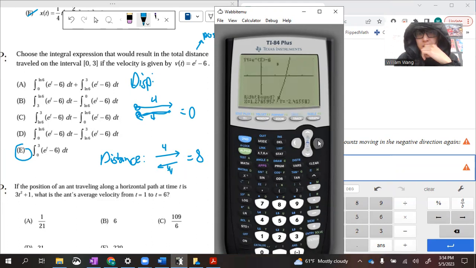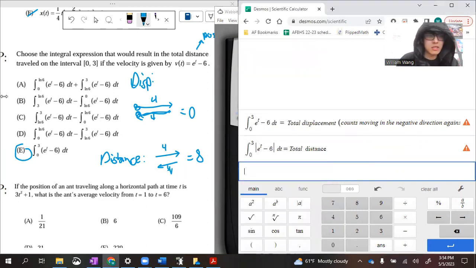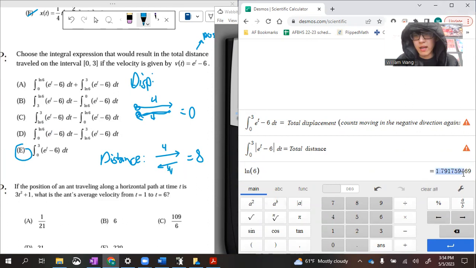So left, right. I'm going to guess right here it stops being negative, at 1.79175. If I look at these answer choices, it looks like it's ln of 6. Is that accurate? Yeah, 1.79175.